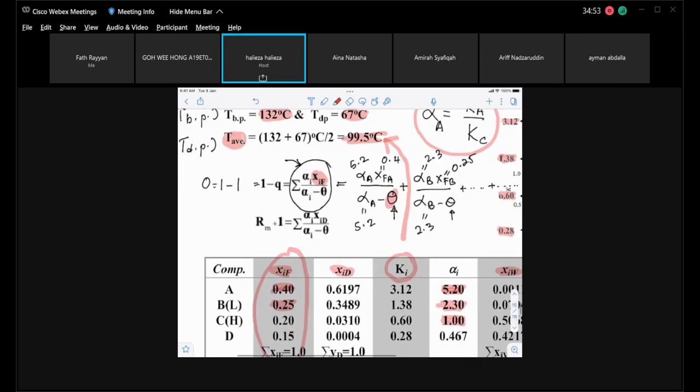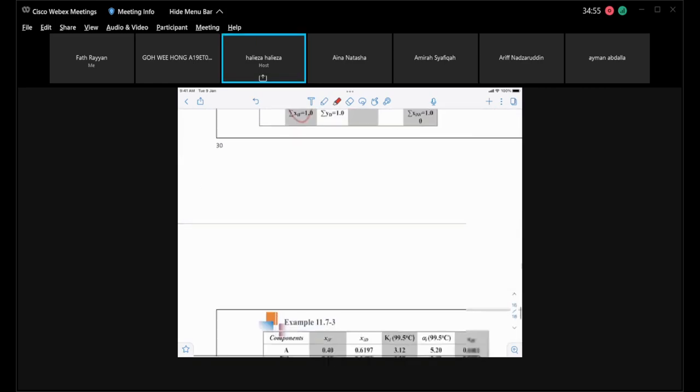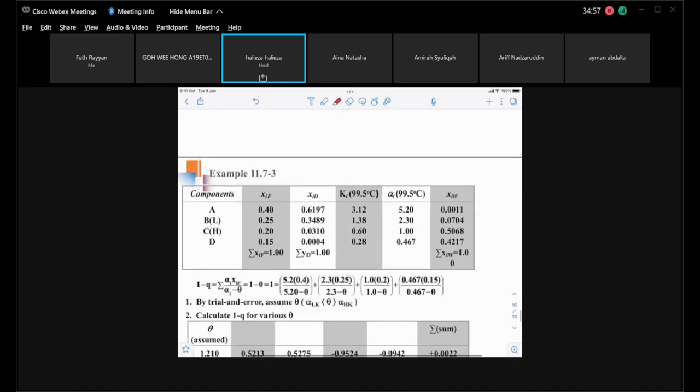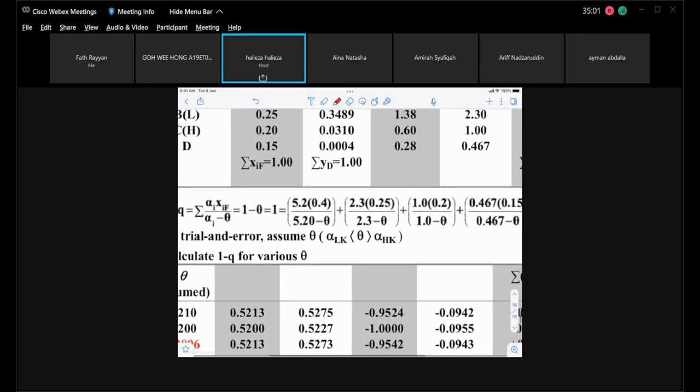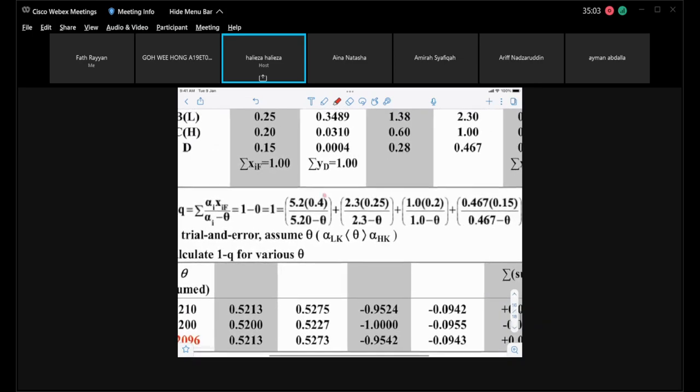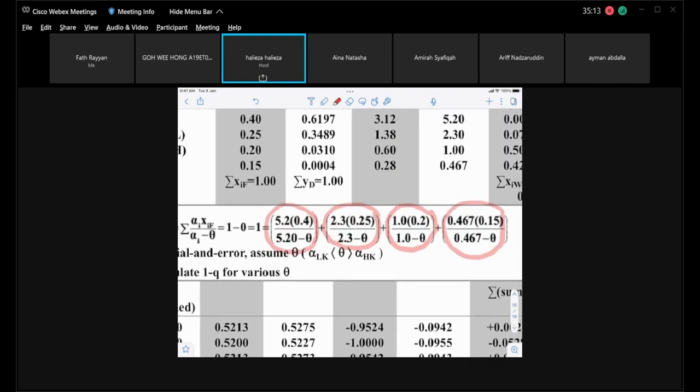Okay, so let's look at the solution. Just like I mentioned just now, this is how it's done. This is component A, this is component B. You do the rest for C and for D. For D, the feed composition is 0.15.